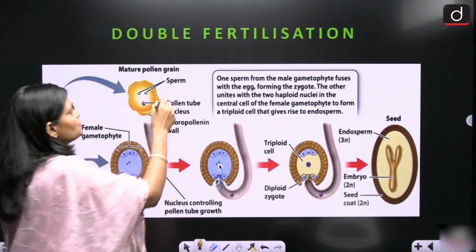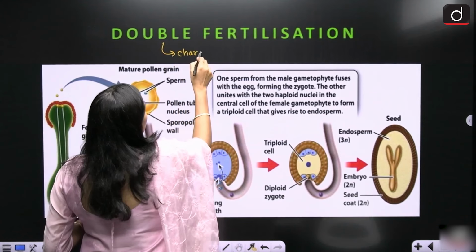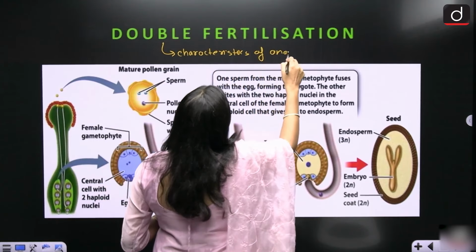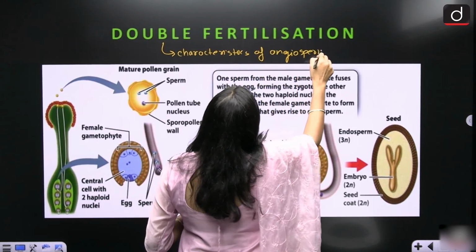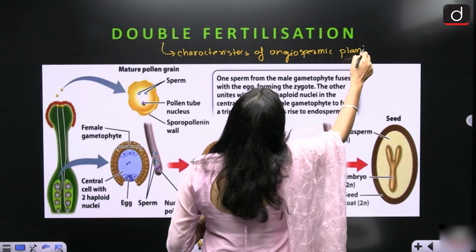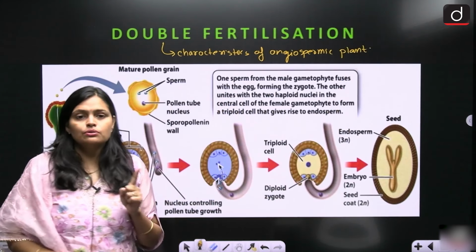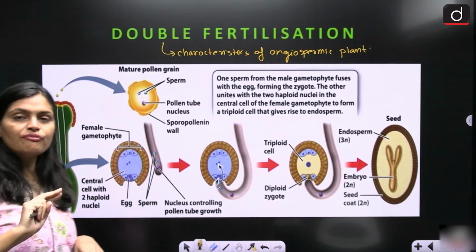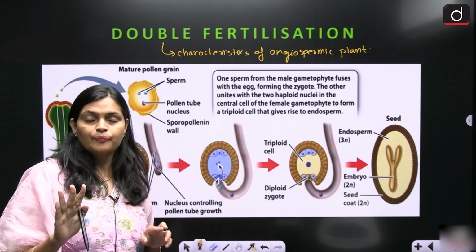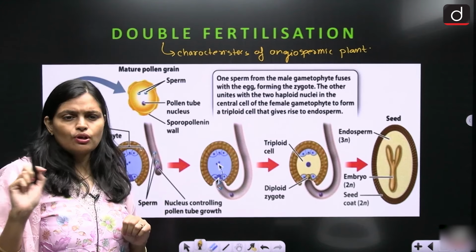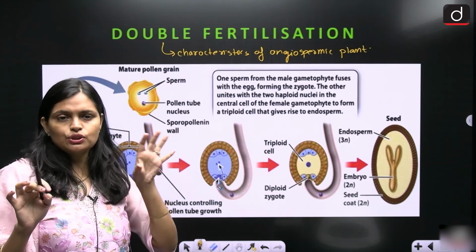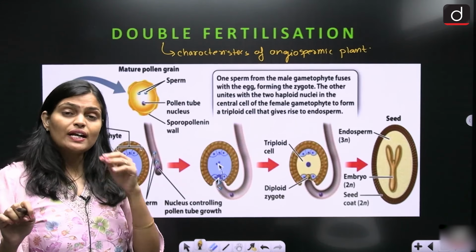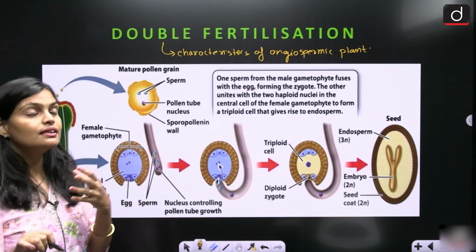Double fertilization is a characteristic of angiospermic plants. Gymnosperms do not undergo double fertilization, no other plant, only angiospermic flowers can undergo double fertilization. Now why it is called double fertilization, what happens in double fertilization, let us understand.